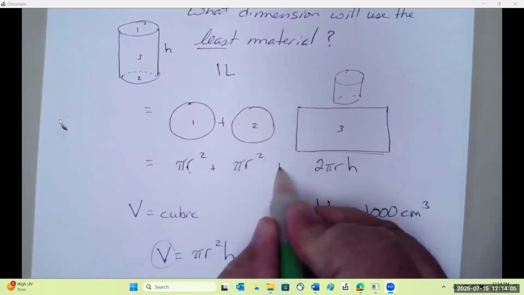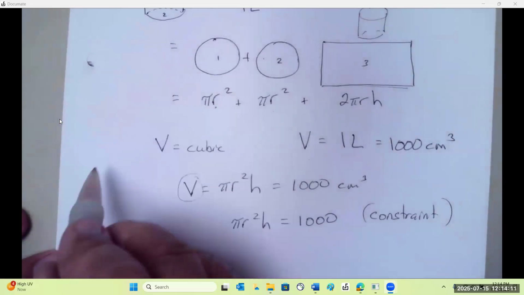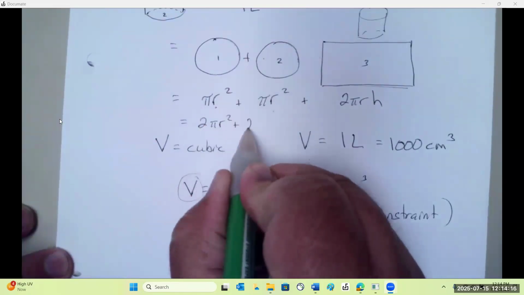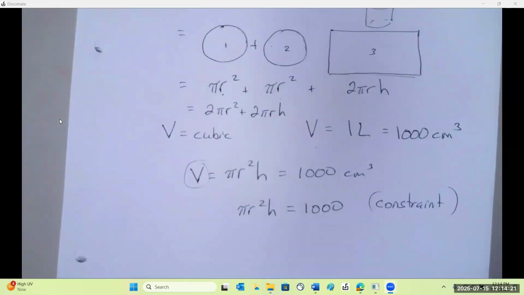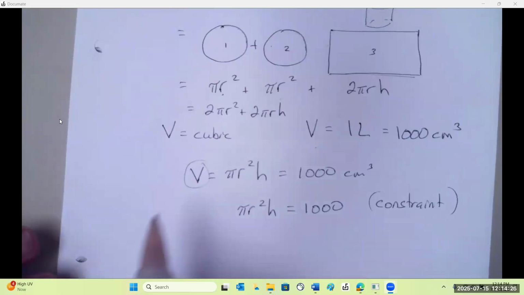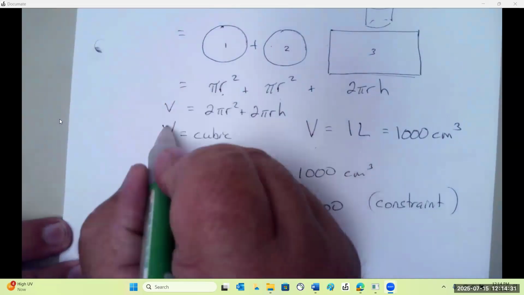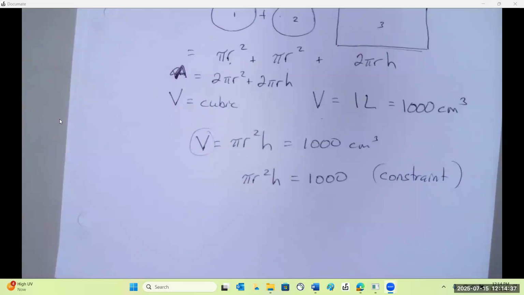So we add these 3 together, it'll give us our formula: 2 pi r squared plus 2 pi r h. Well, I'm sorry, that's our area.